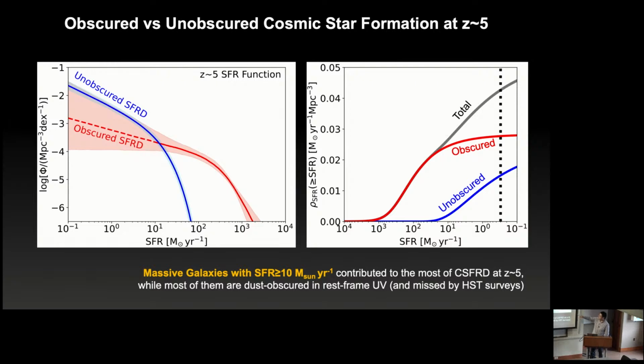And if we integrate the star formation functions above a given star formation threshold, we get a plot like this. We can find that massive galaxies with star formation rates larger than 10 solar masses per year contribute most of the cosmic star formation density at this redshift. Most of them are obscured in the rest-frame UV, so you miss them with the HST survey.